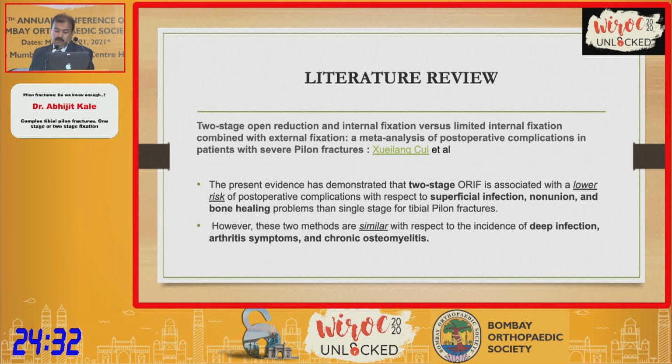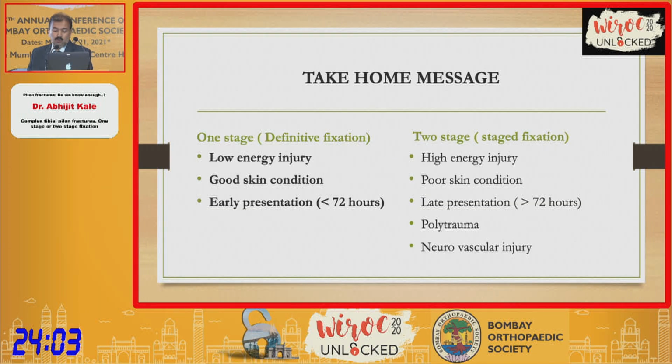When we reviewed the literature about one stage versus two stage, this is a paper which concluded that the present evidence has shown that the two-stage procedure is associated with a lower risk of post-operative complications like superficial infection, non-union, and bone healing problems. However, with both methods, one stage as well as two stage, the incidence of deep infection, arthritis, and chronic osteomyelitis remains the same.